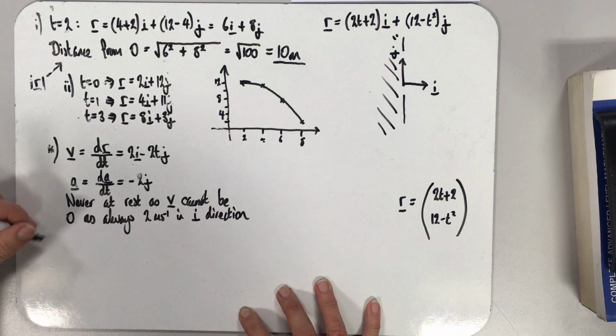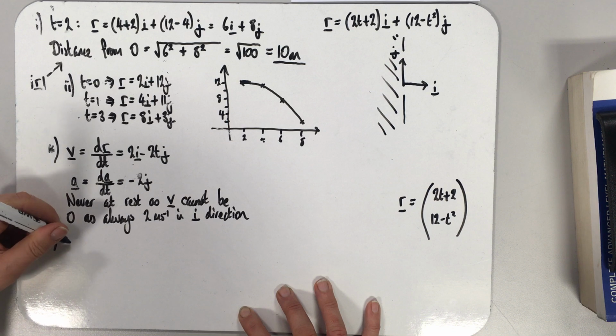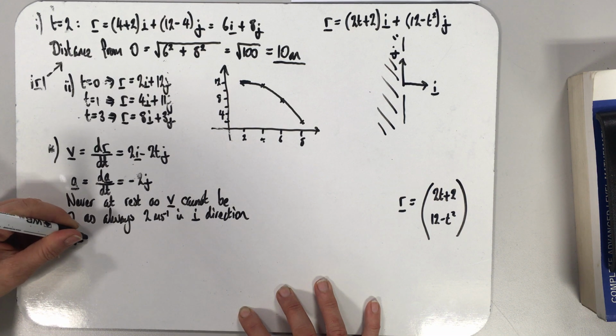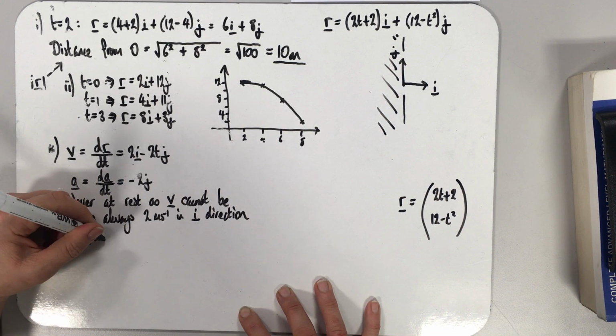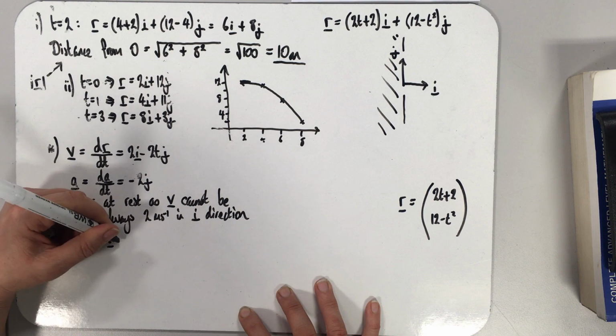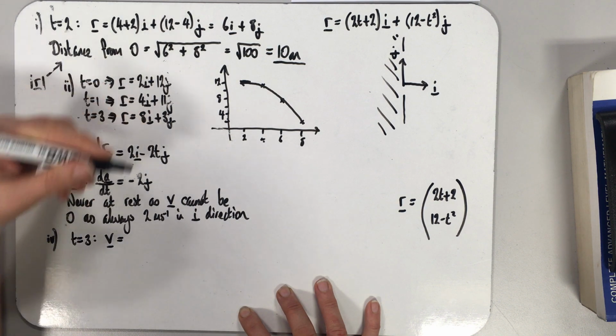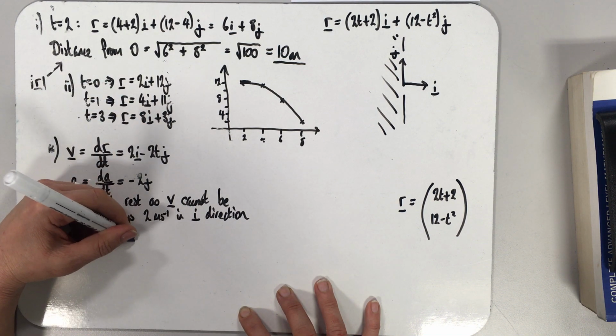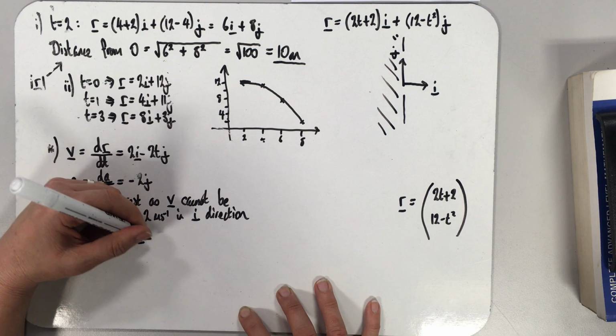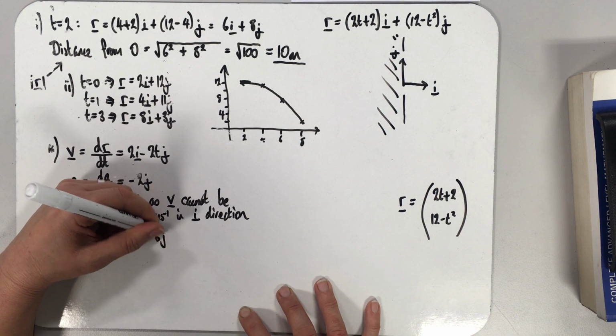Right, part 4. For t equals 3, calculate the speed of the boat. So when t equals 3, the velocity, plugging in, is equal to 2i minus 6j.